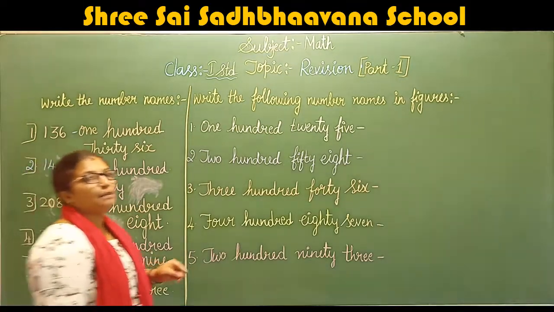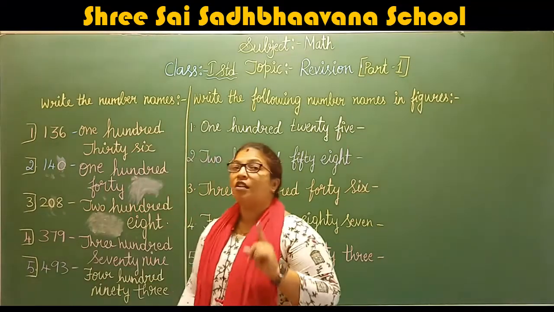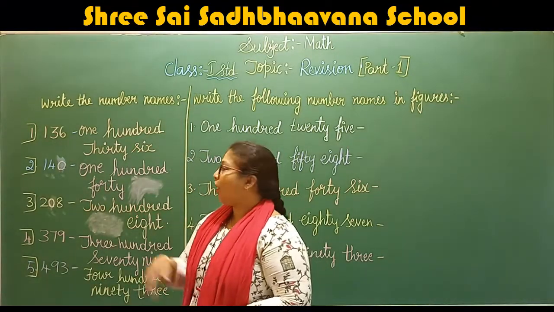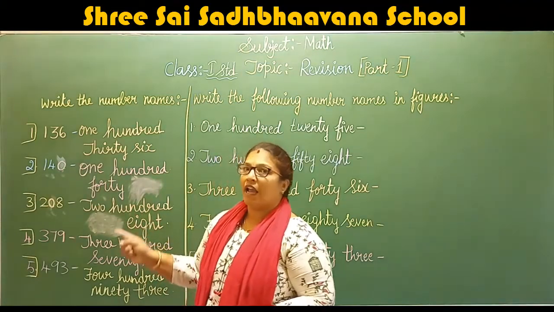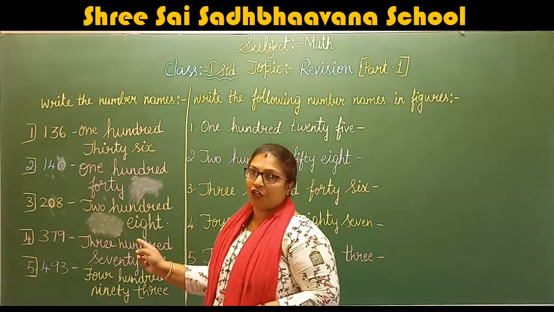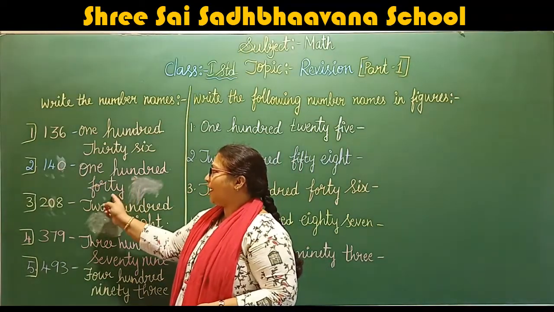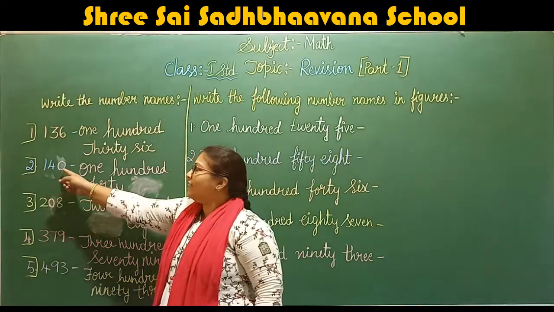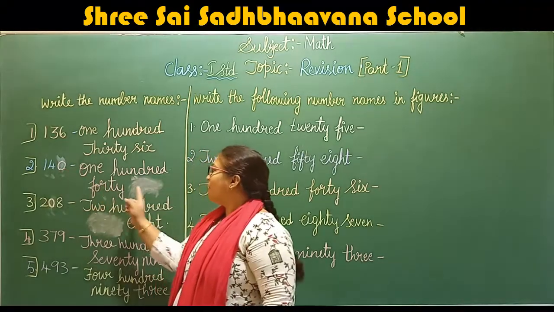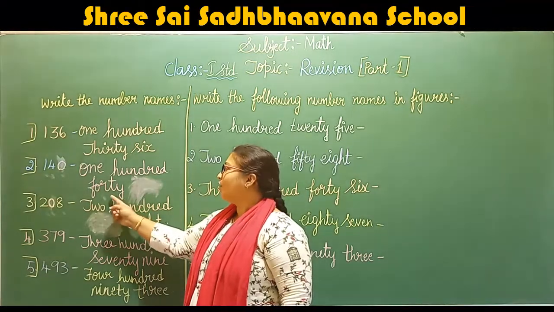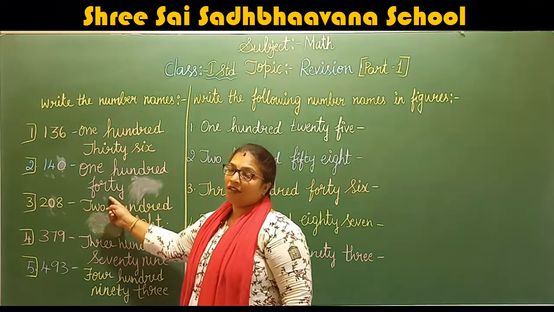For example, I am showing you this, children. 0 is there; you should not get confused. I rubbed what I had written and I am showing you how to write. Understood? See, 104: in the tens place there is 0 and in the ones place 0. So in the ones place 0, you do not write anything, so we end with the tens place.